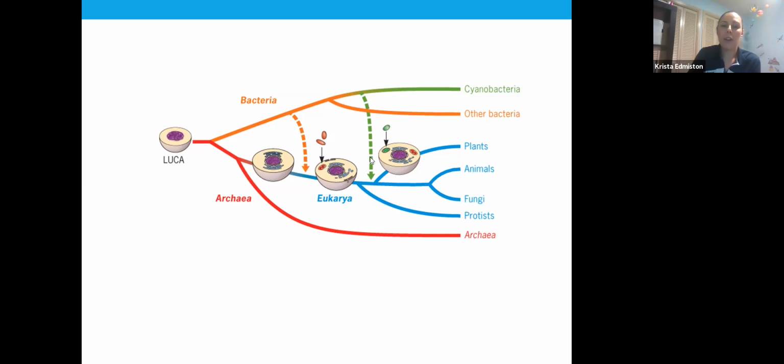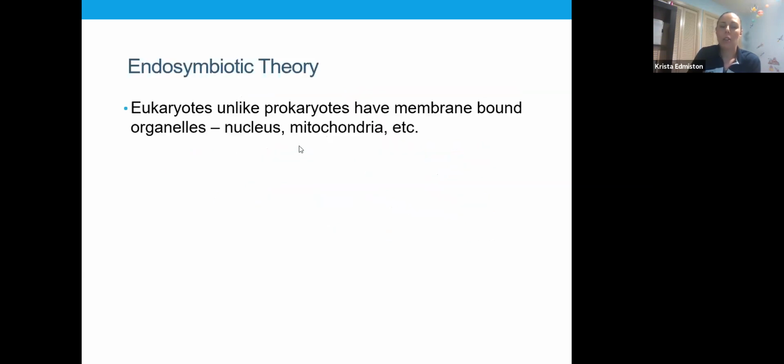A second event happened with a photosynthetic cyanobacteria, where it was engulfed and later became the chloroplast. So that theory of how those two organelles evolved is called the endosymbiont theory.